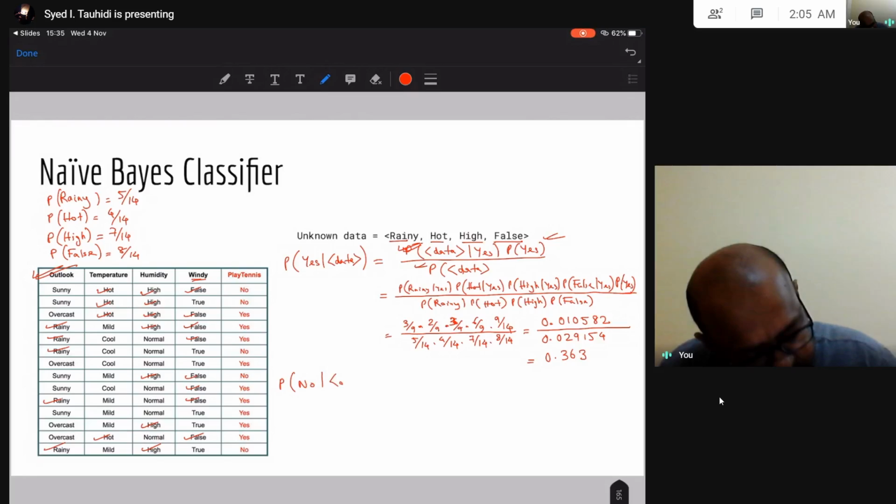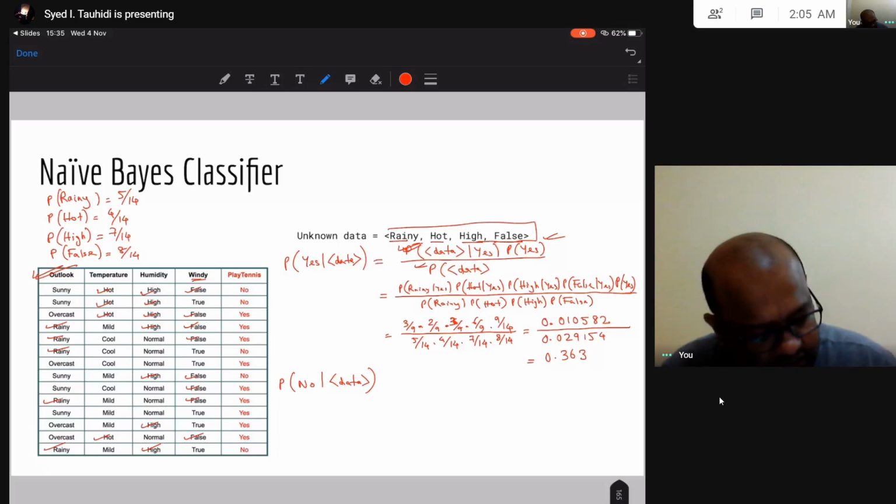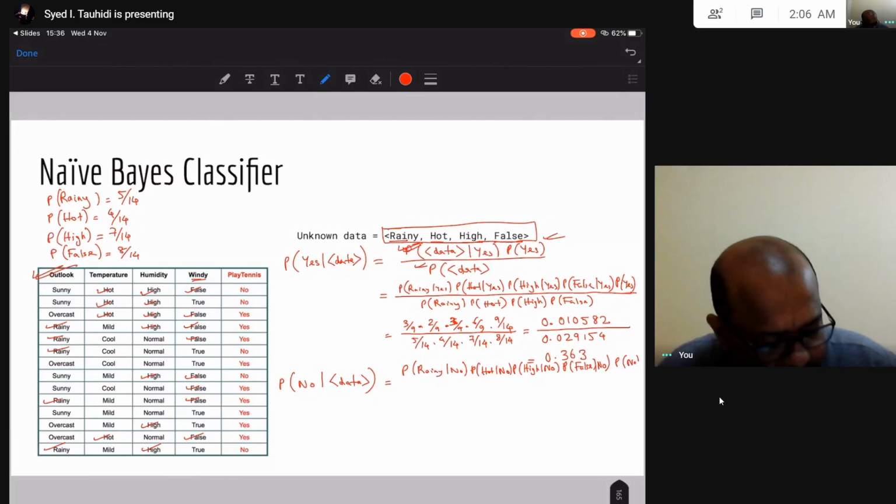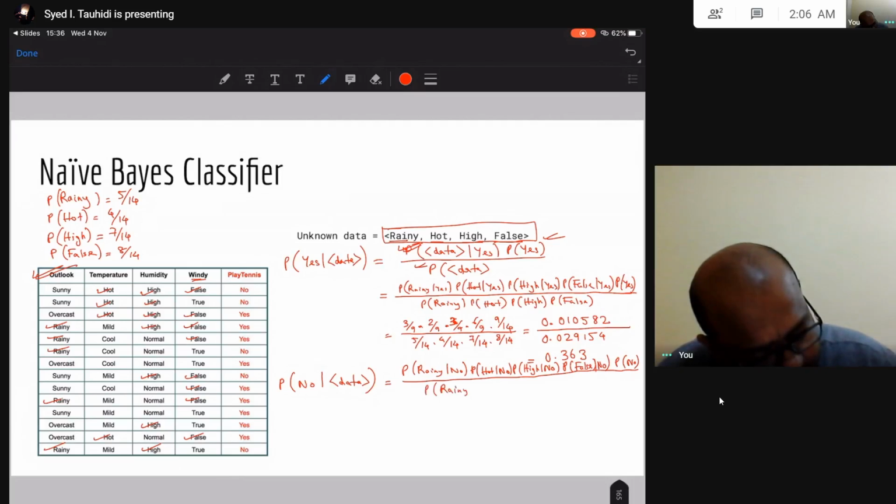Next let us figure out the probability of no given data. The data is of course this. So this is equal to the probability of rainy given no times the probability of hot given no times the probability of high given no times the probability of false given no times the probability of no, divided by the probability of rainy times the probability of hot times the probability of high times the probability of false.